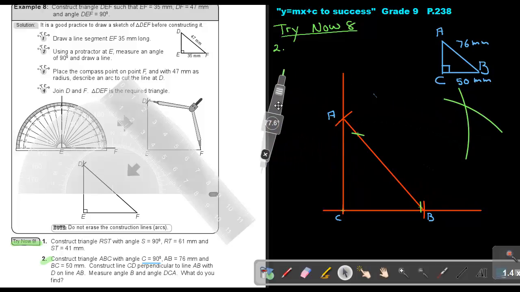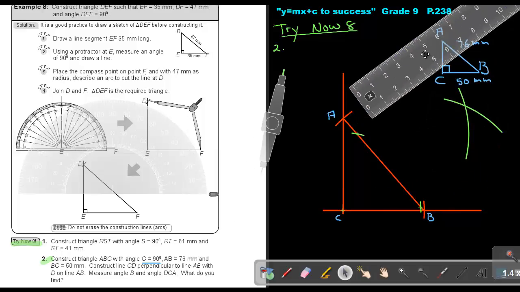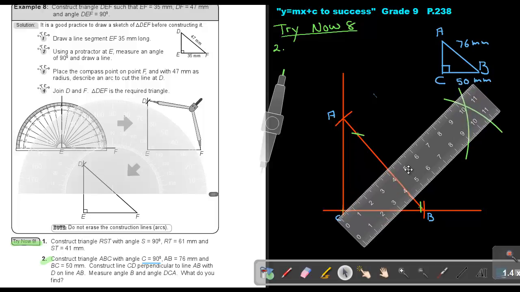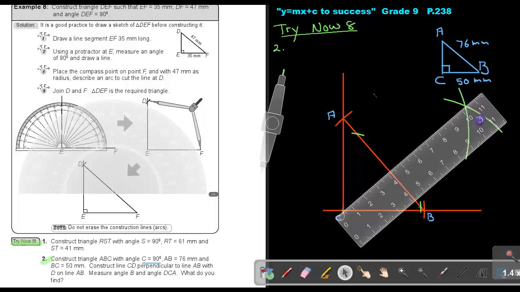Okay? And then I was taking my ruler, put it on that point of intersection and C. Remember? We were working from C. It's going to be all right.